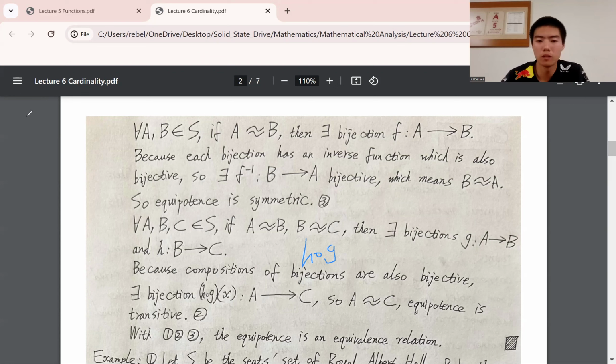And this result proves that the same cardinality relation is an equivalence relation as well.